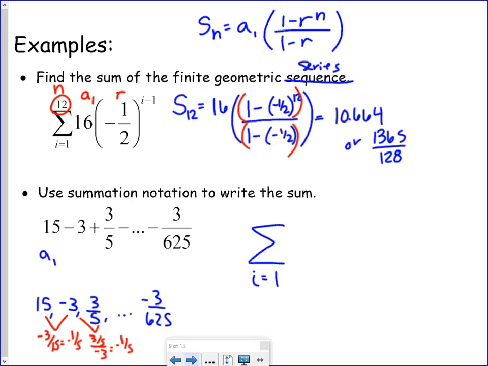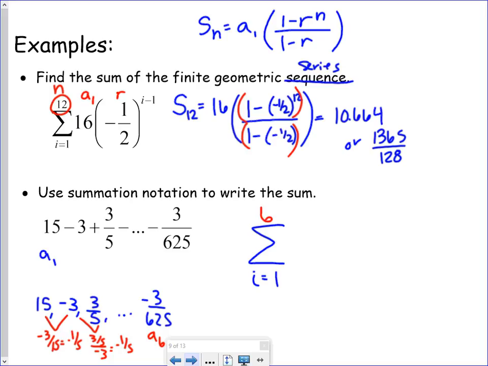If I did a fifth term, it would have a denominator of 125. And then if I multiplied by -1/5 again, my denominator would finally be 625. So the fourth term was denominator 25, fifth term was 125. So I'm thinking in my head that this is the sixth term, so that should be my upper limit.